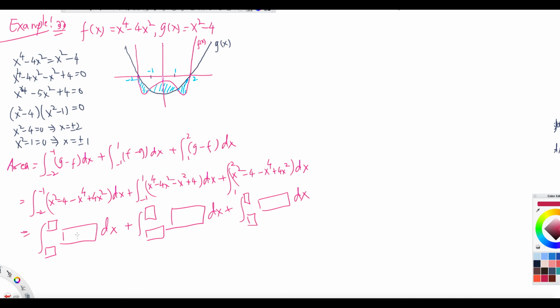You can find them separately and then add them together, this thing plus this thing plus this thing. If you do that, the final answer will be 8. Either way you will get your answer as 8.